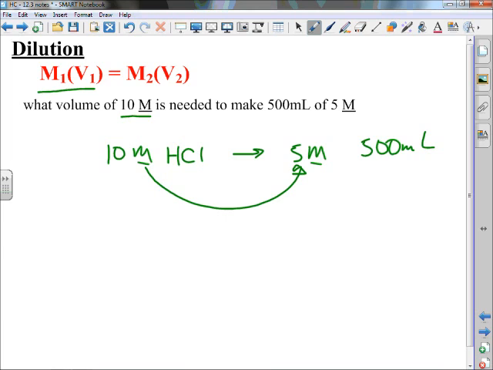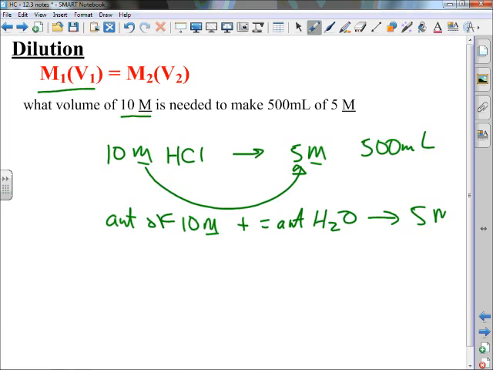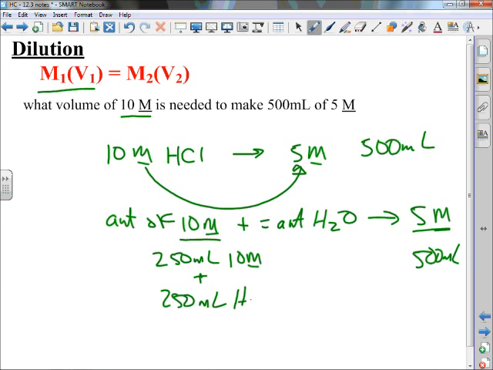So I need to take an amount of 10 molar and add an equal amount of water to get it to 5. To get 10 down to 5, I need to add an equal amount of water to get twice the volume. So if I need to get to 500 of 5, what I'm going to need is to take 250 milliliters of 10 molar and add to it 250 milliliters of water.